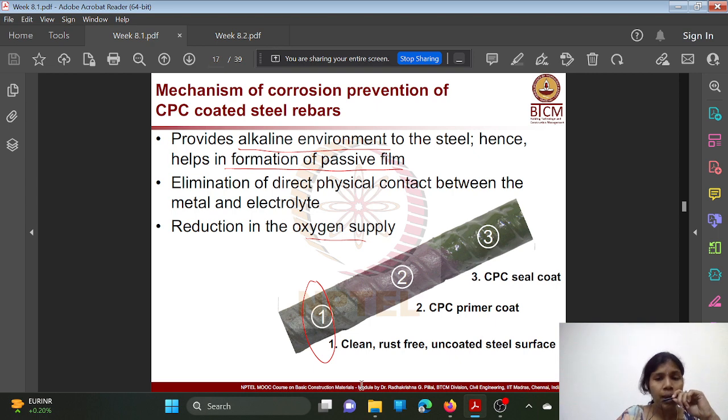By applying this cement coating, there is a formation of passive film, which helps corrosion resistance. Then there is elimination of direct physical contact between the metal and electrolyte, same as in the case of FBEC bars, and reduction in the oxygen supply. The mechanism for corrosion prevention is the same here, but the material used is different.